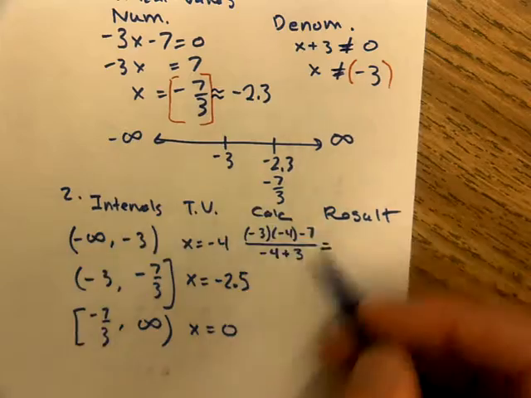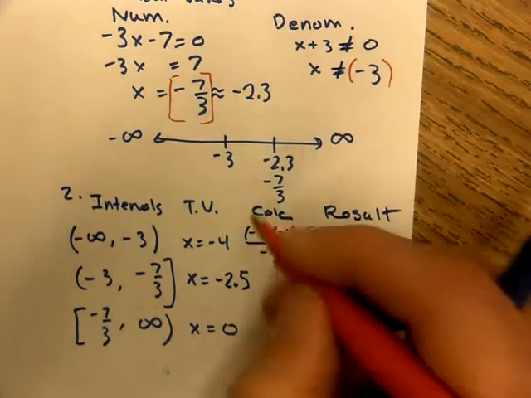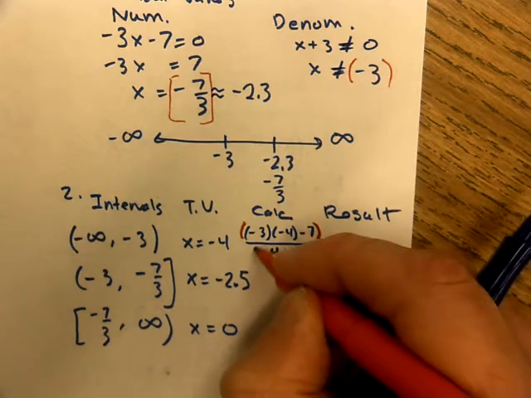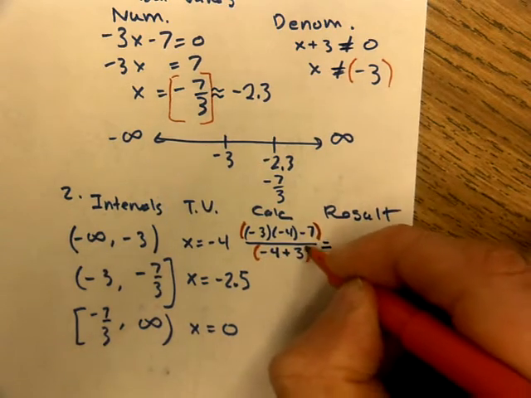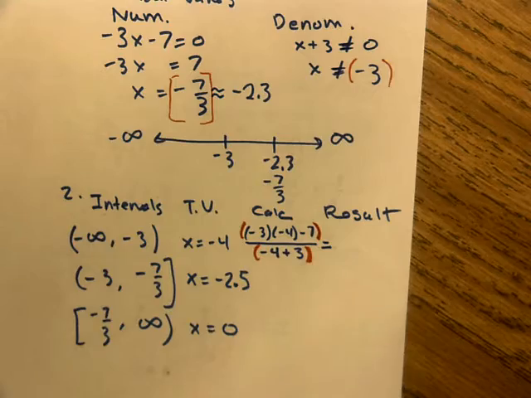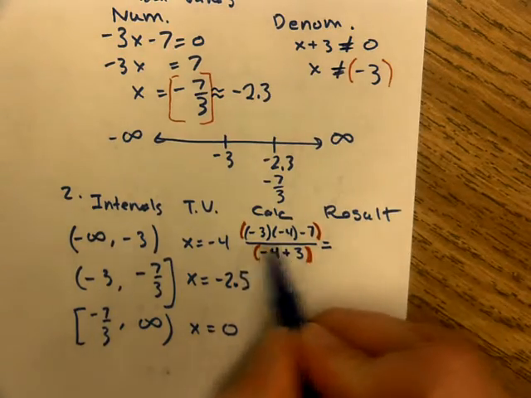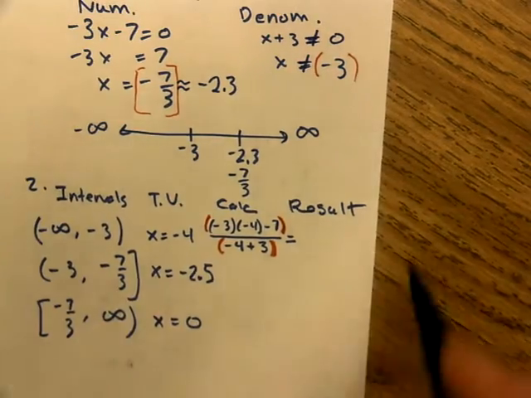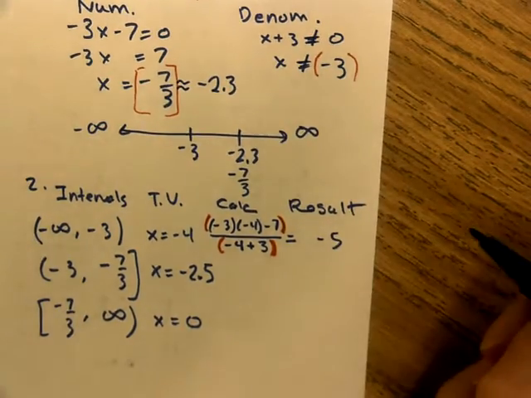Now, if you do enter that into your calculator, be very careful. Make sure that you surround all of the values in the numerator with parentheses, surround all the values in your denominator with parentheses, so that you are separating that division bar with parentheses from the top and the bottom. We will get a result of -5.